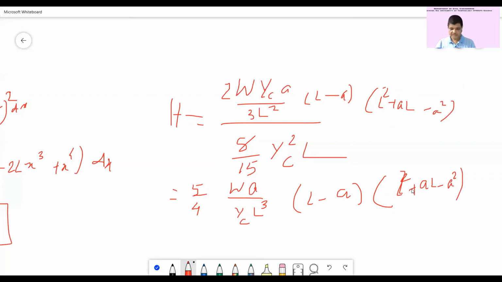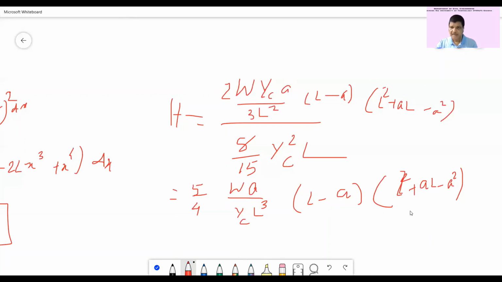So now this is the case for these two concentrated loads acting on this structure. We can find out the value of H. The value of H can be obtained by these equations. I will take the special cases.